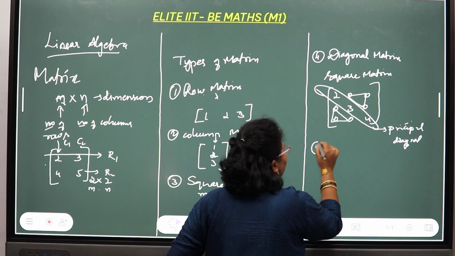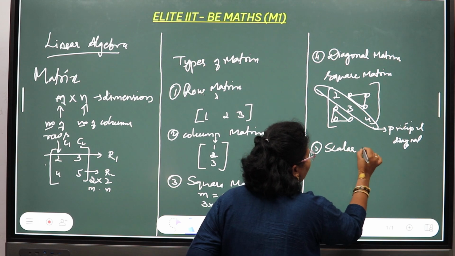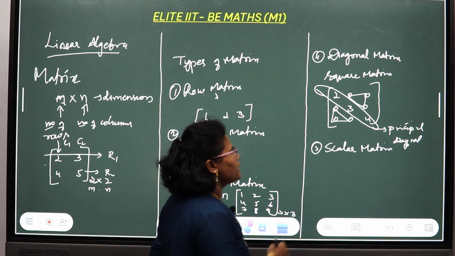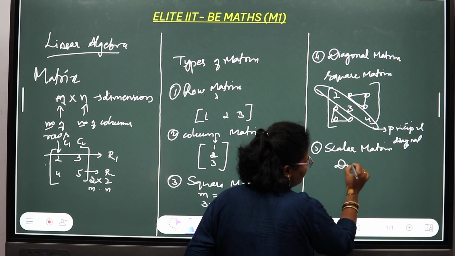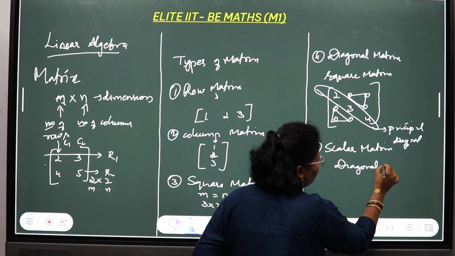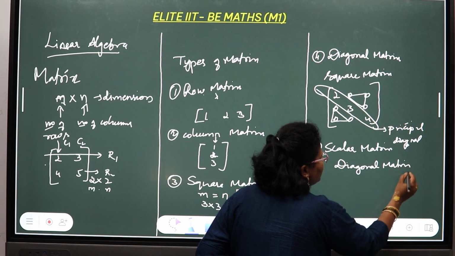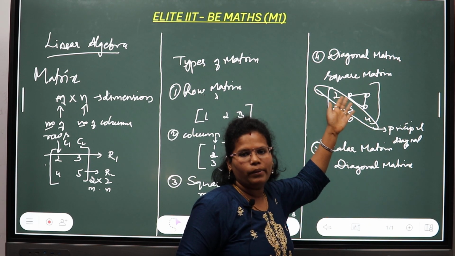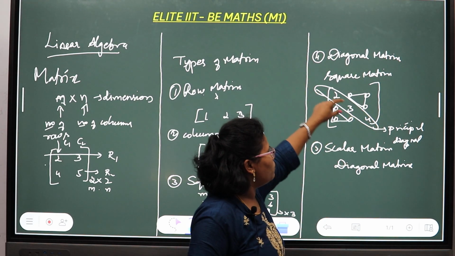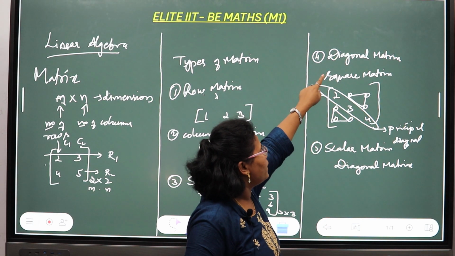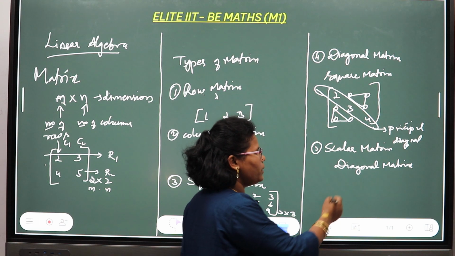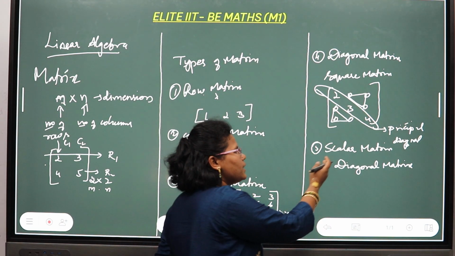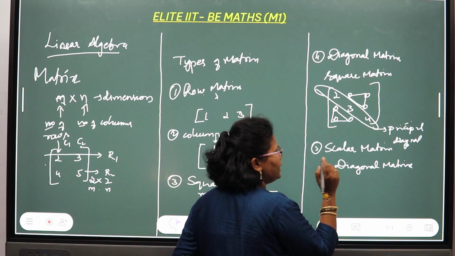Next we have the scalar matrix. So we see what a scalar matrix is. A scalar matrix must be a diagonal matrix first. What is a diagonal matrix, as we saw just now? We should have the elements of the principal diagonal, that is called a diagonal matrix. So when I say scalar, it must be a diagonal. Then what is the criterion when I say it's a scalar? Only a small change here.